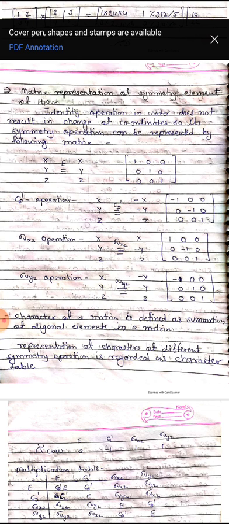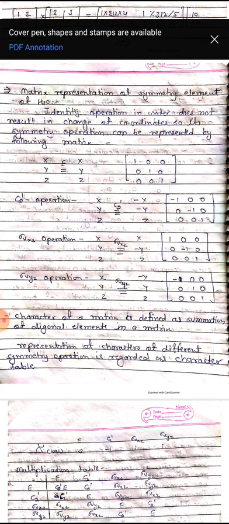X, Y, Z are there before any operation and X, Y, Z are there after performing identity operation. Identity means no change at all. The original structure is again obtained after the operation.